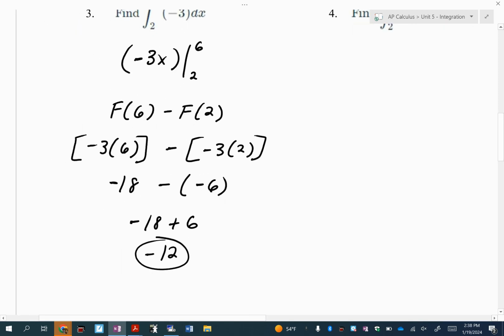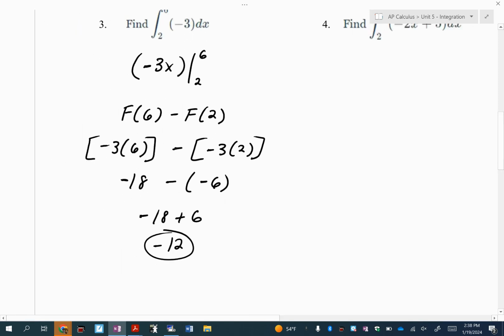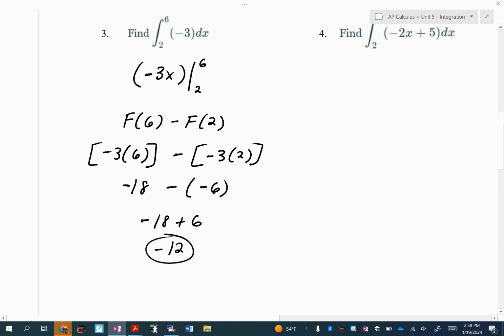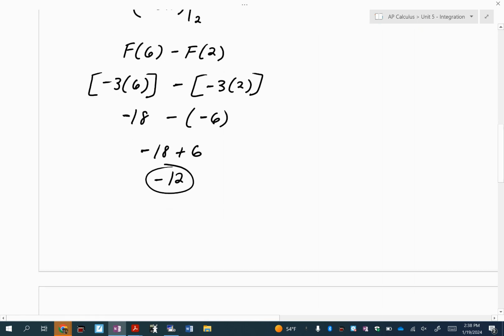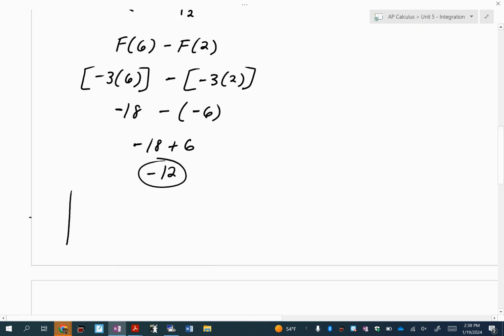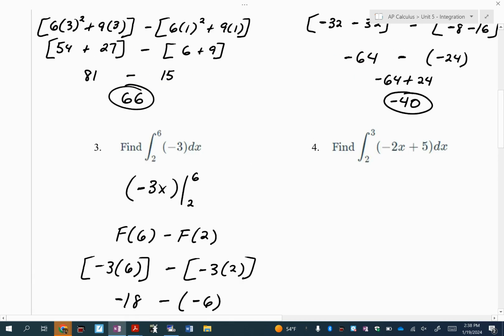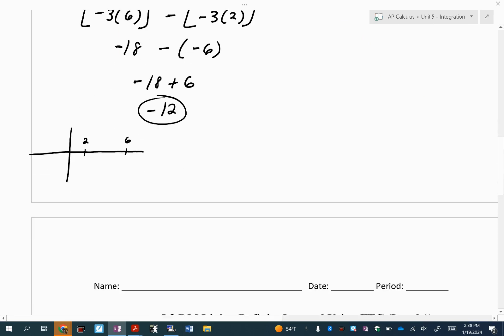If I get this question on this link or on the AP exam, I don't actually show any of this work. What I do is I sketch it. We're going from 2 to 6. What's my function after the integral symbol? Negative 3. How does it look when you graph y equals negative 3?